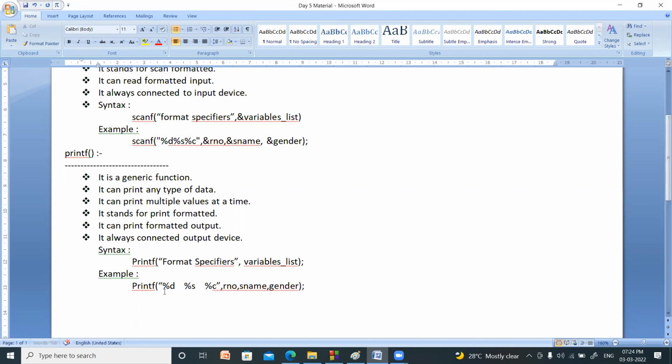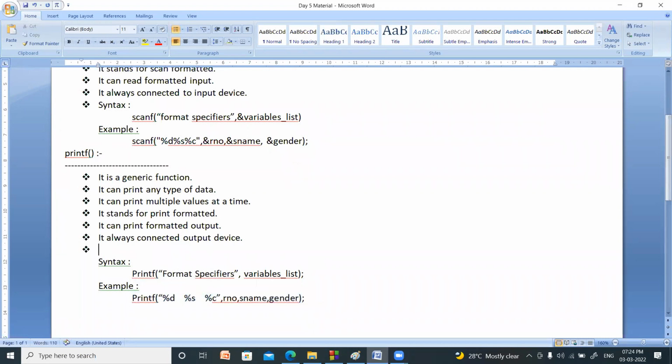Now, the printf function is always executed from right to left. You have to remember this. From right side to left side it will be printed. First it gets the data of gender and substitutes it here. After that it gets the data of student name and substitutes it here.